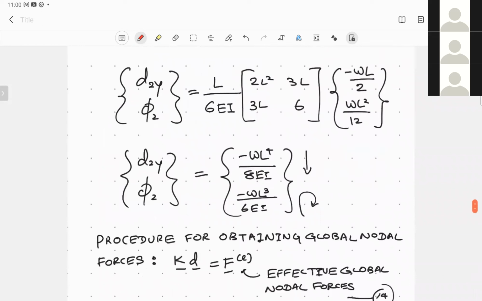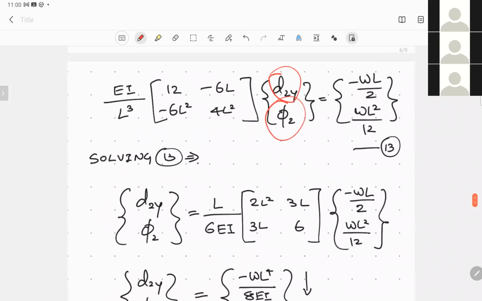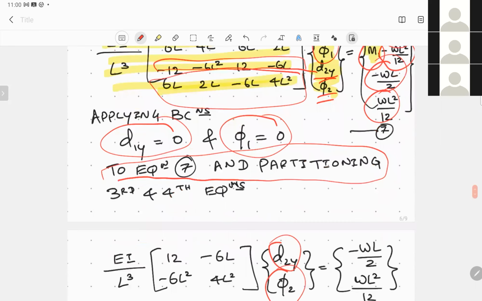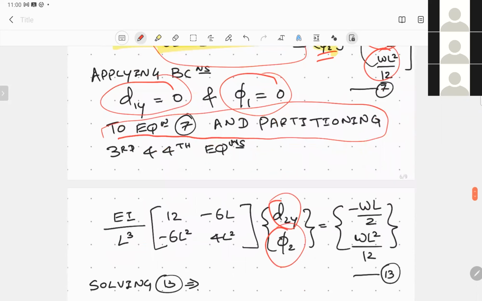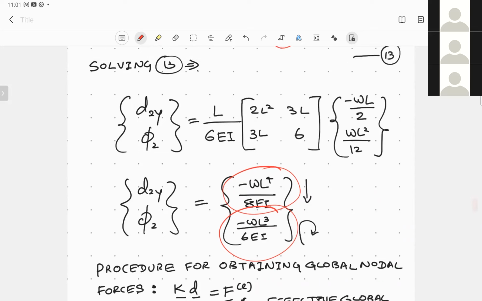Just try it on your own: partition this equation, substitute the boundary conditions, and you would end up getting a negative transverse displacement, and of course a negative rotation in the counterclockwise direction, which is also quite intuitive if you look at the figure.